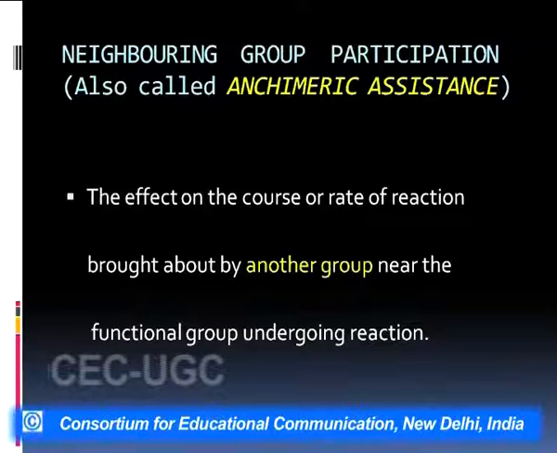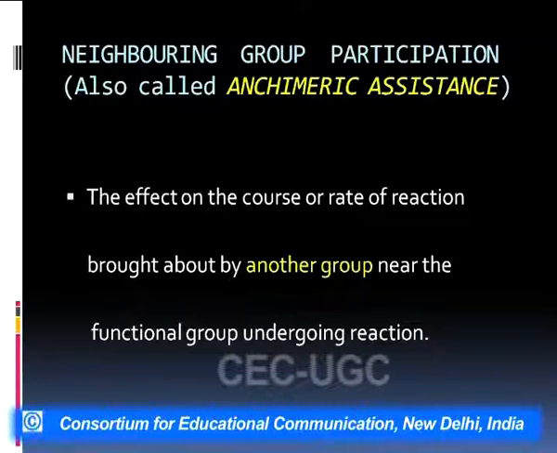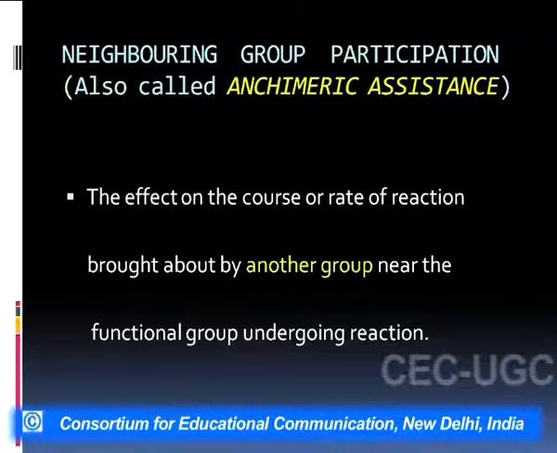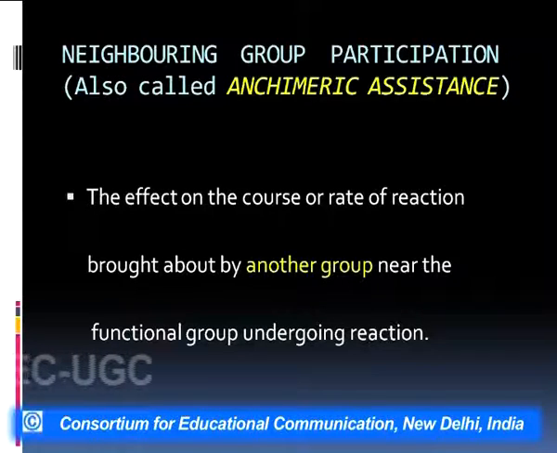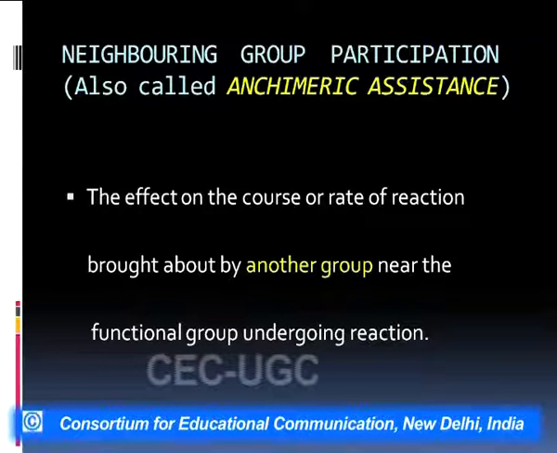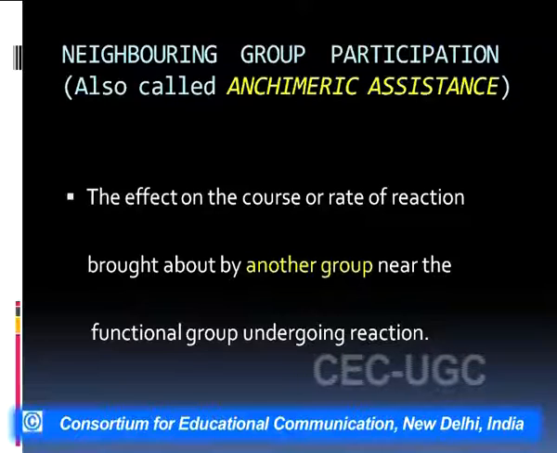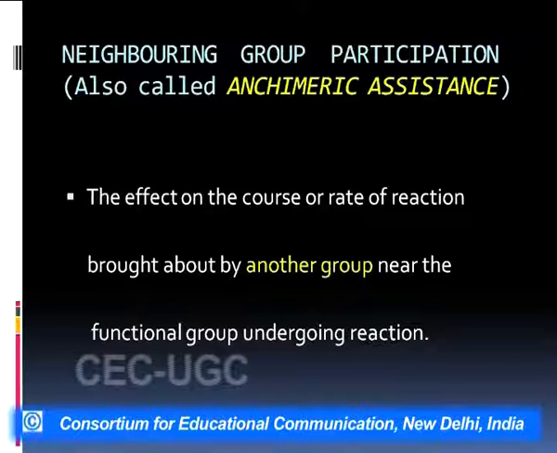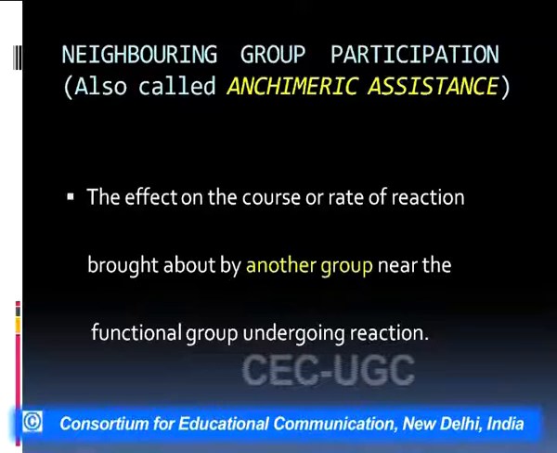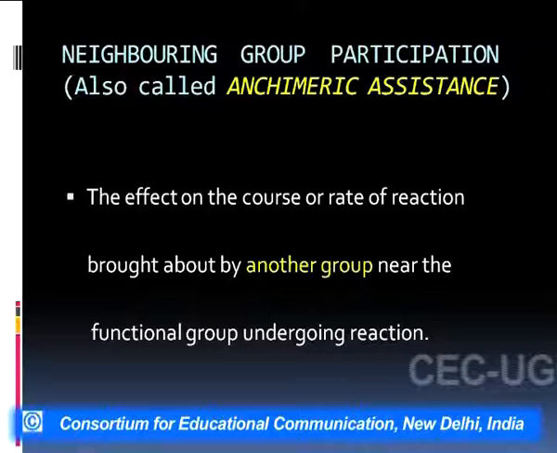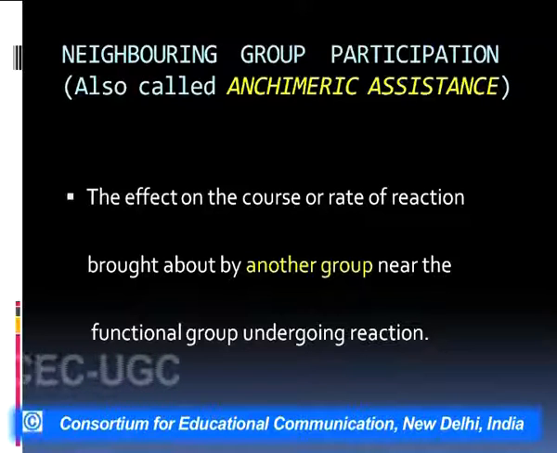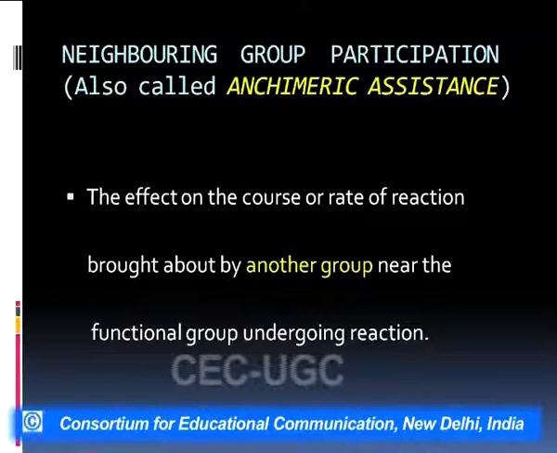And here I would like to take into consideration the neighboring group participation, or the anchimeric assistance, in nucleophilic substitution reactions. Sometimes we find that the rate of reaction is faster than can be explained by the SN1 or SN2 mechanism, and there is even a change in the stereochemistry of the reaction.